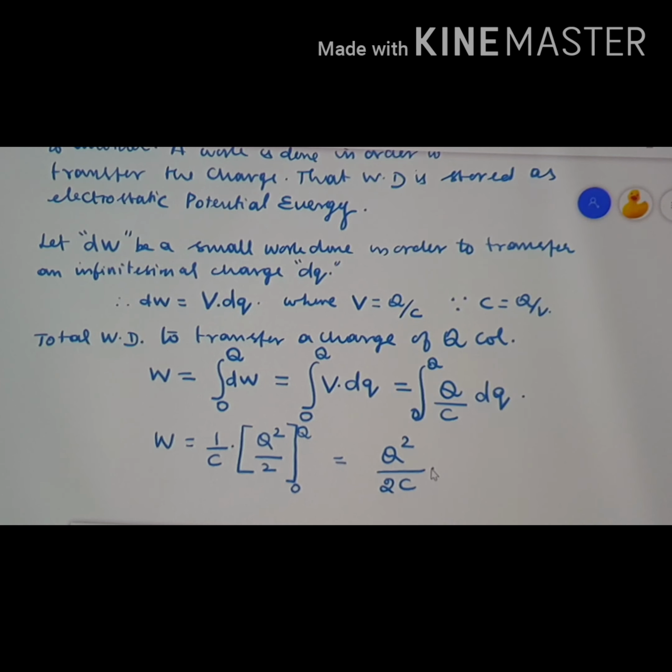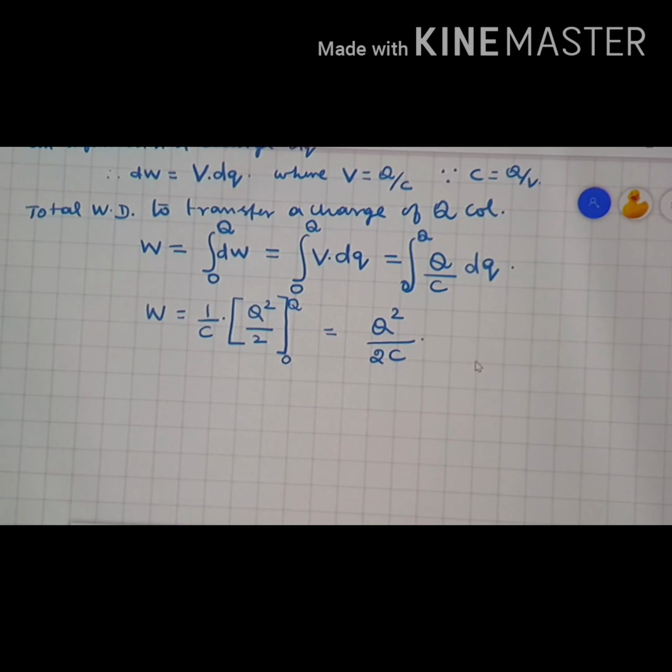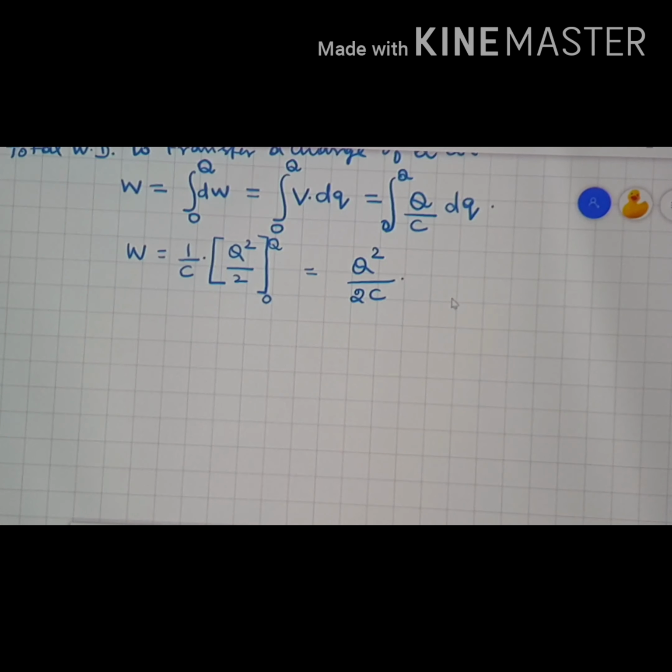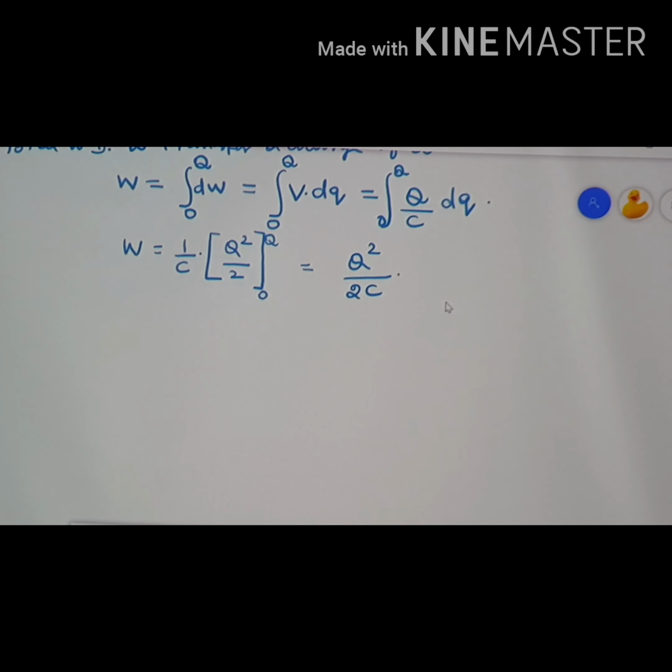So I can consider the total work done in order to store a charge of Q coulombs as Q square divided by 2C. This work done is stored as electrostatic potential energy of the capacitor.